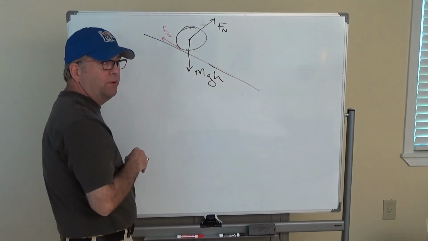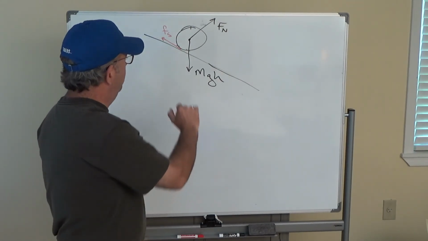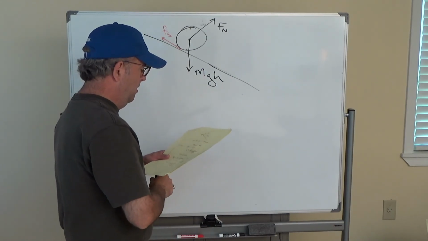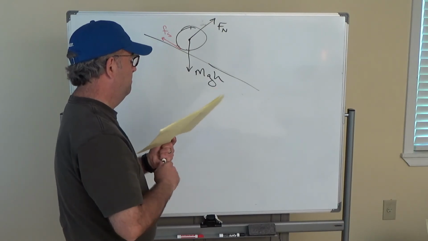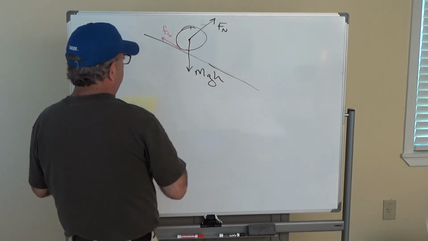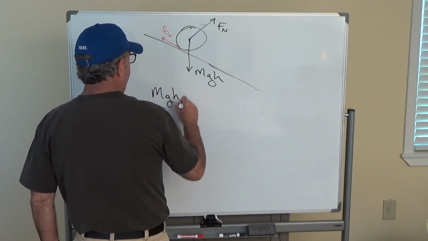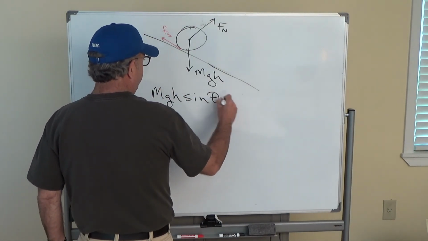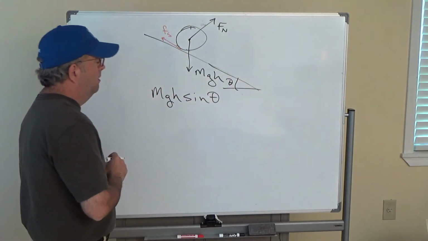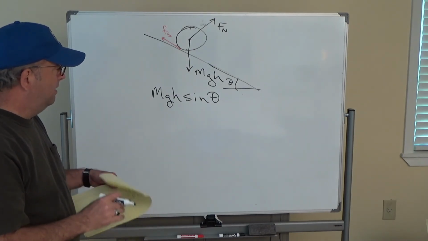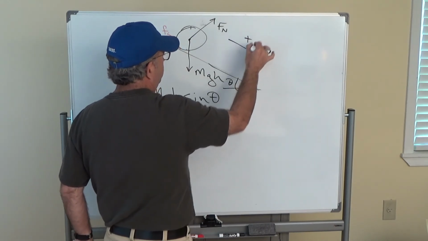This force is not providing any torque. So there's one torque due to static friction. So for the translational part, the sum of the forces, which is mg sine theta. Okay, I didn't say it, but this is some angle theta. mg sine theta, that's down, I'm going to make down positive.